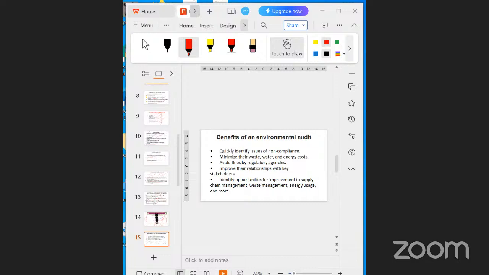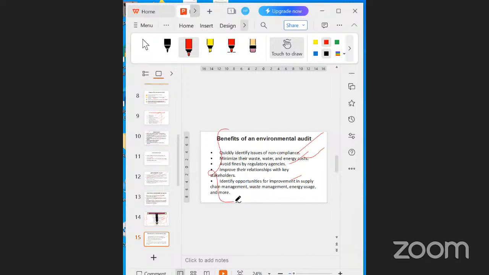So now the benefits of environmental audits include quickly identifying issues of non-compliance, minimizing waste, water and energy costs, avoiding fines by regulatory agencies, and also improving relationships with key stakeholders. And the last one, identifying opportunities for improvement in supply chain management, waste management, energy usage, and more. Right? So now these are the benefits of the environmental audit.